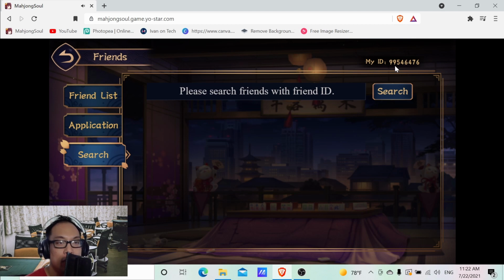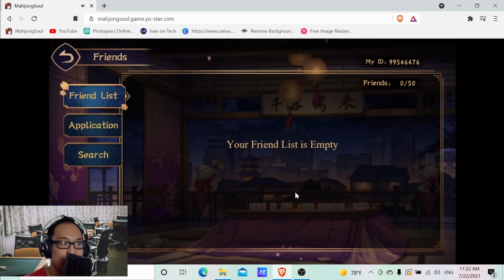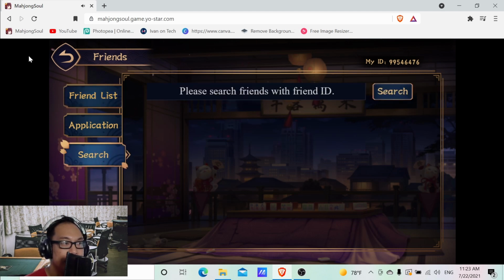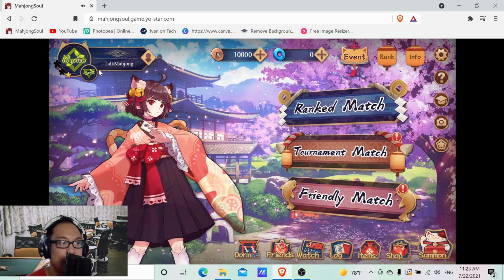The reason they use ID numbers is because people sometimes have weird usernames, so I guess it's just easier for them to find your account that way. So if you really want to add your friends, just click friends and see that your user ID is up here. Tell your friend to give you their ID number, and then search for them here. That's basically what it is.